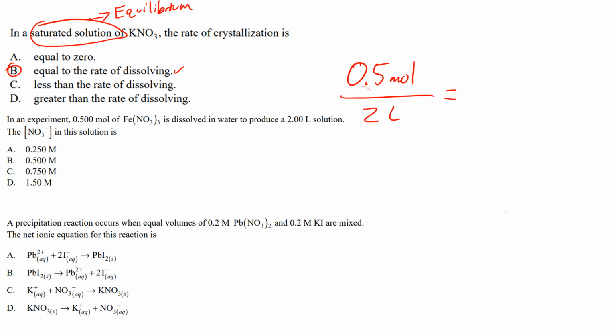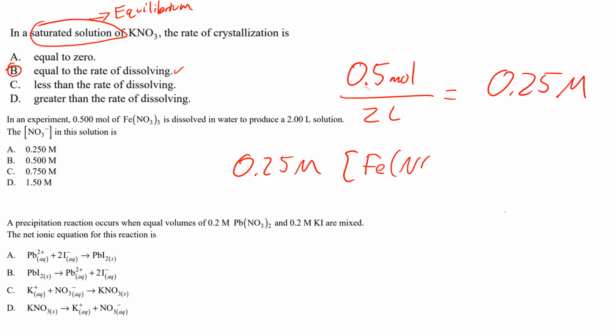That equals 0.5 divided by 2, which is 0.25 molarity. So 0.25 molarity is the concentration of Fe(NO3)3.